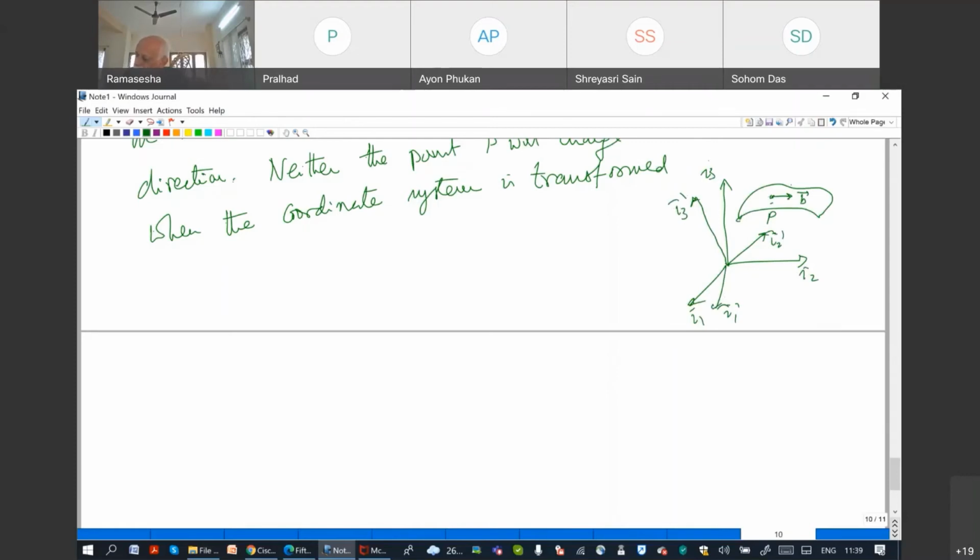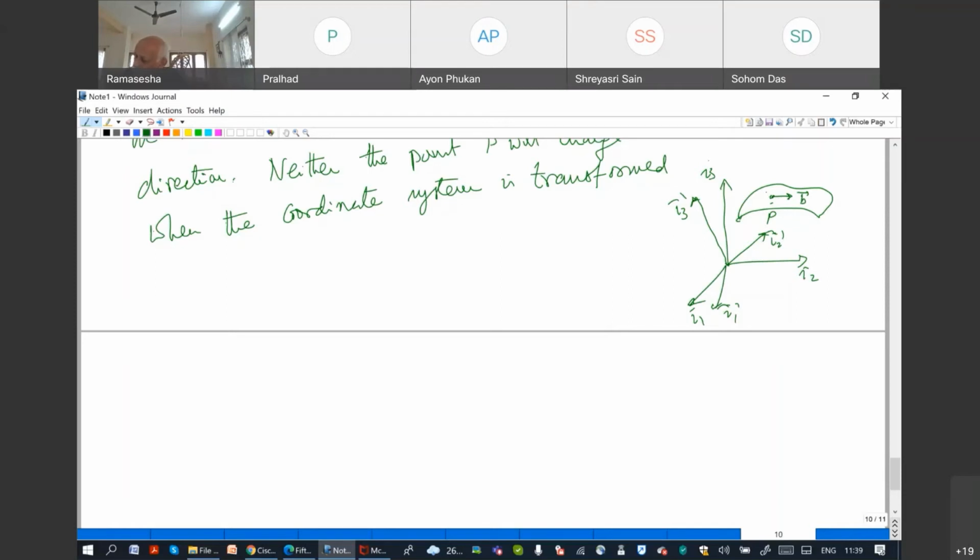See, the point does not change. The point P remains the same; only the projection of the point, the coordinates of the point, on these will change. Neither will the direction of b change. Is it clear? Yes, sir.